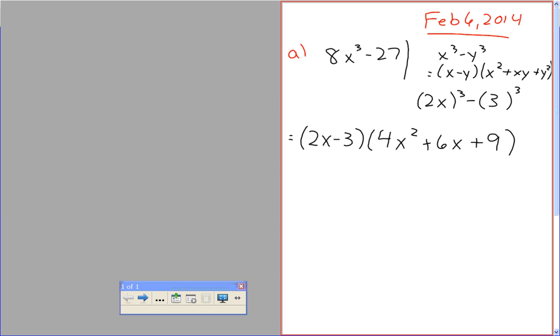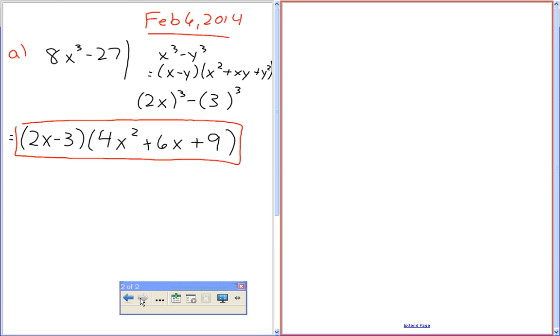Yes, John? 18 in the middle? No. The x and y just mean your x is this and your y is this, so 2 times 3 is going to be 6x, right? Does this make sense? What I'm trying to show you is short forms, that's what I'm hoping to show you.